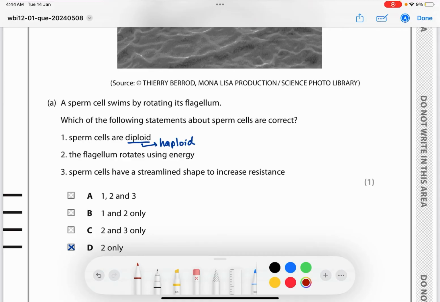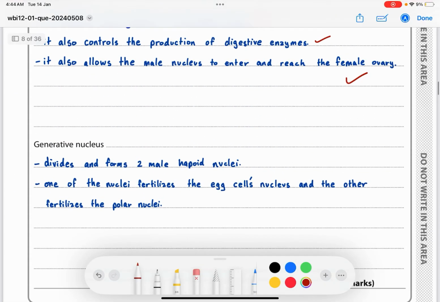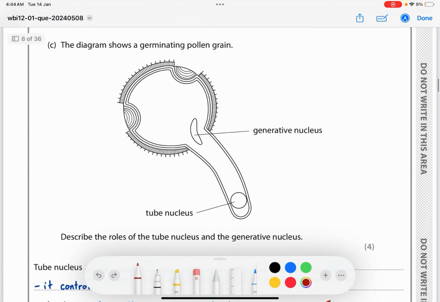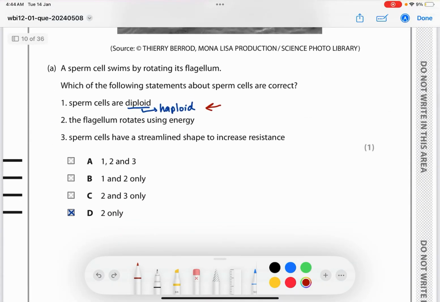So, as you can see, I've written it down. Sperm cells are haploid, and we mentioned this in the previous question here. Over here, the generative nucleus divides and forms two male haploid nuclei. Okay? So sperm cells are haploid. The flagellum rotates using energy.